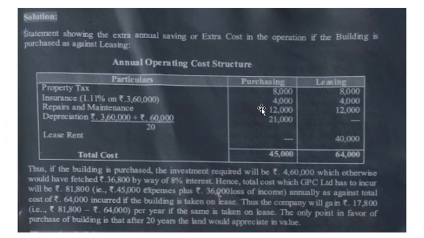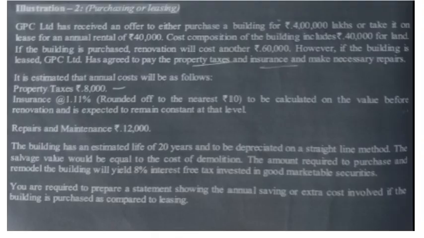So let us calculate. How did you get 3 lakh 60,000? 4 lakh is the total cost of the asset, minus the land value of 40,000, which gives you 3 lakh 60,000. Multiplied by 1.11%, this gives you 3,996. Round it off as mentioned in the question, to the nearest rupees 10.